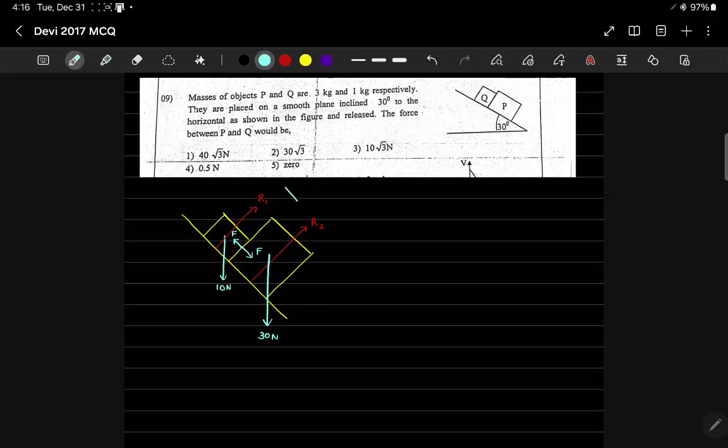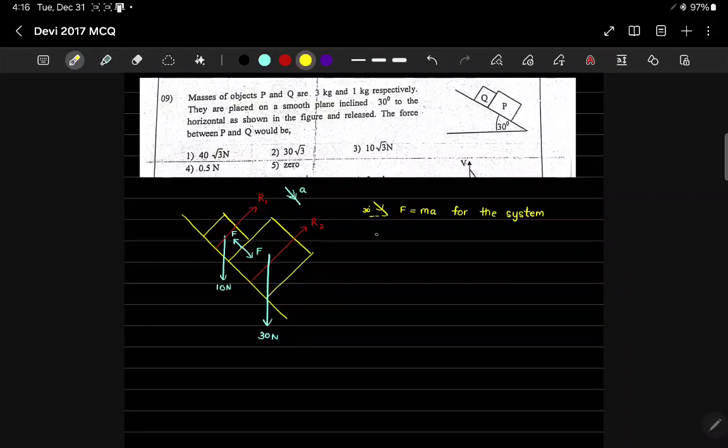Now, first of all, let's figure out the acceleration along this inclined plane. So what would be the acceleration? How can we find it? We can apply F equals ma to this system, because this system is moving together. Two masses P and Q are moving together for the system along the inclined plane.